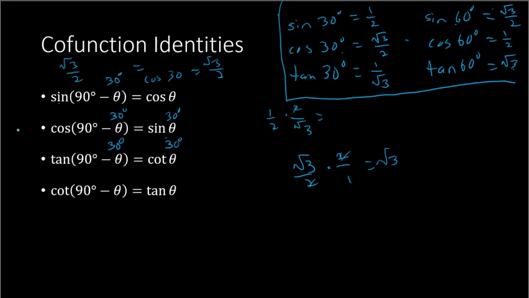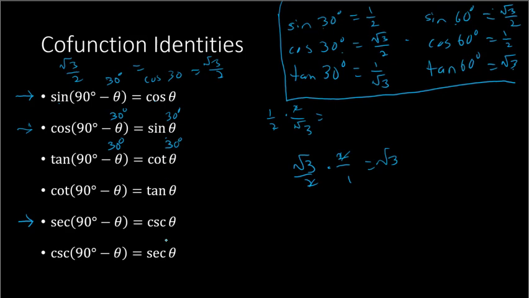And then same thing for cosine and sine here for the second one. So if you take the second one, cosine replaced with secant, sine replaced with cosecant, that gives you your next statement. And then if we take the sine one up here at the top and replace sine with cosecant, and then cosine with secant, we get our last identity right here.